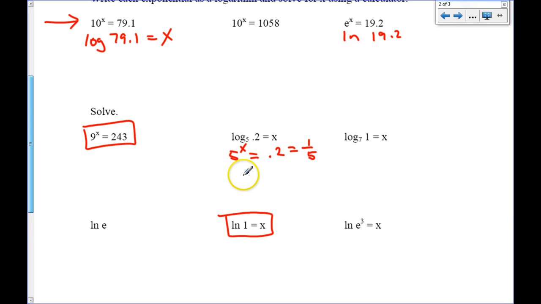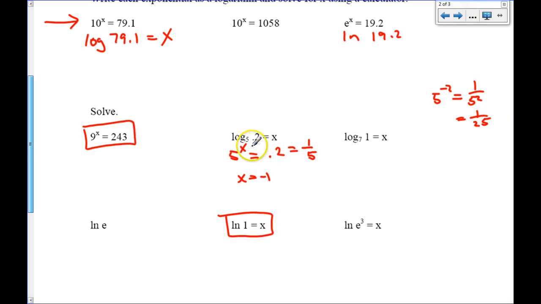It's going to be a -1. Remember that anything to a negative power puts it down on the denominator part of a fraction. So if I said 5 to the -2, what is that going to be? 1 over 5 to the second, which equals 1 over 25, right?